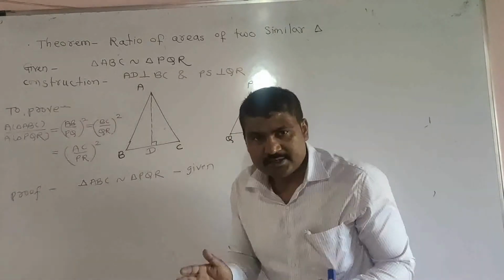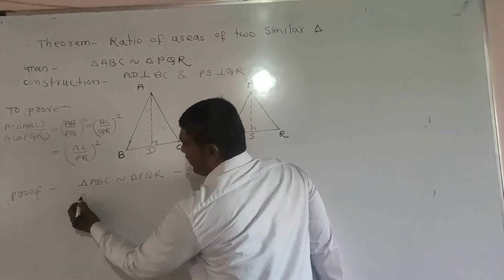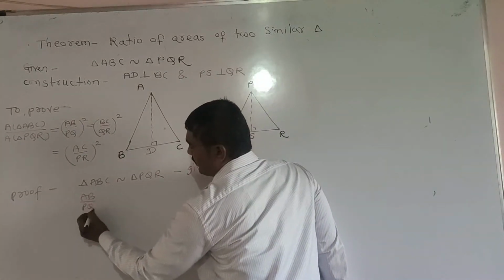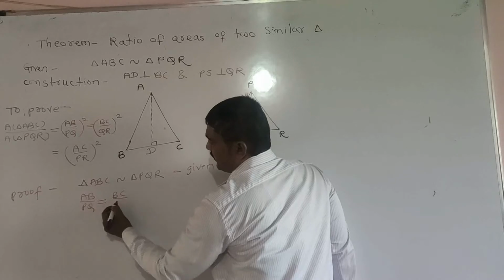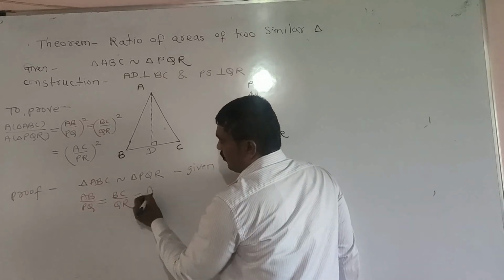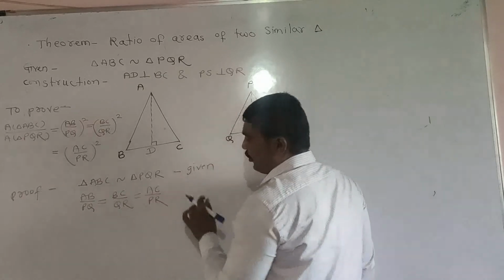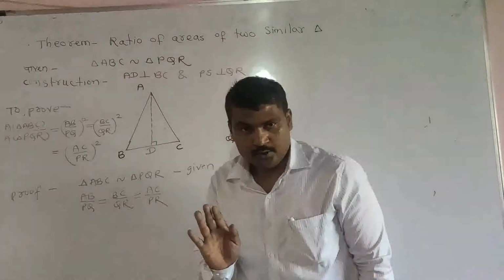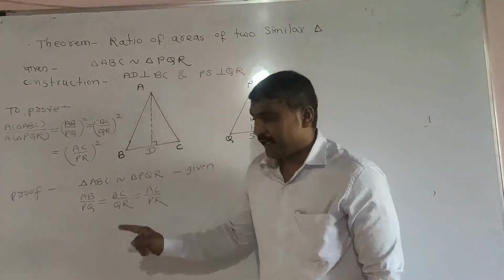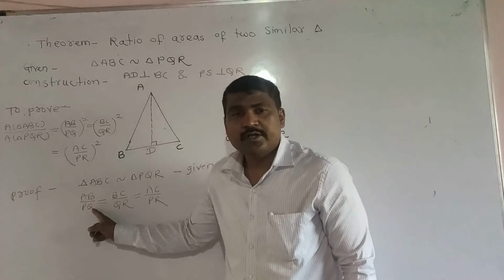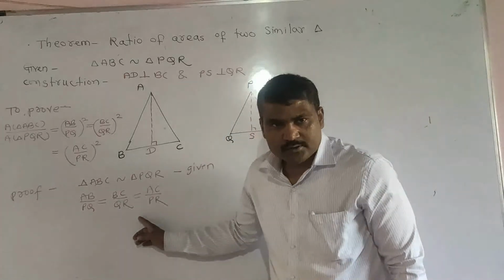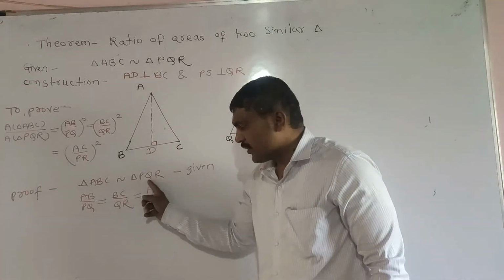As two triangles are similar, that means I am writing here AB upon PQ equal to BC upon QR equal to AC upon PR. Do you know this? When two triangles are similar, then the ratio of their corresponding sides are equal. AB, the corresponding side is PQ.